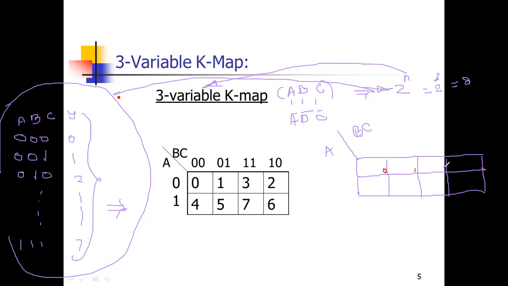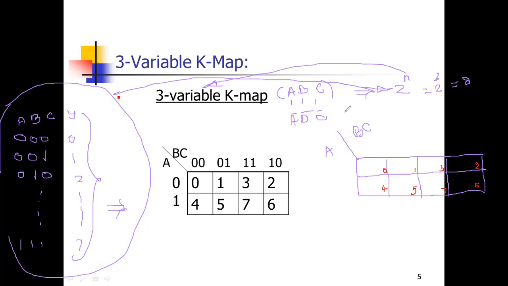I'm not writing 2 here; instead, I'm writing 2 here, 3 here, 4 here, I will mention the reason later, 5 here, 6 here, 7 here. Very, very important. This is the Karnaugh map numbering. If you understand this, that's all for the Karnaugh map. You can secure full marks in this question.